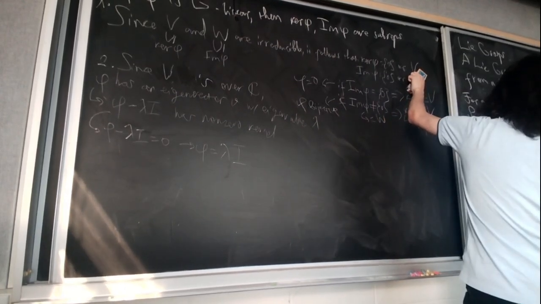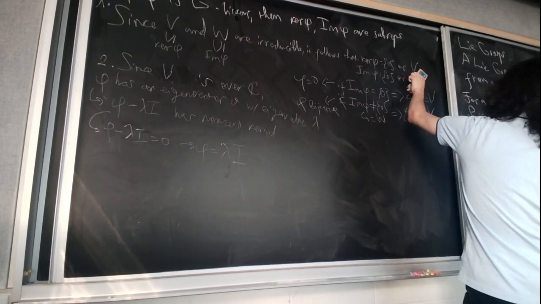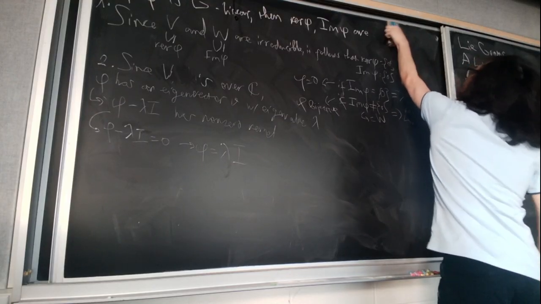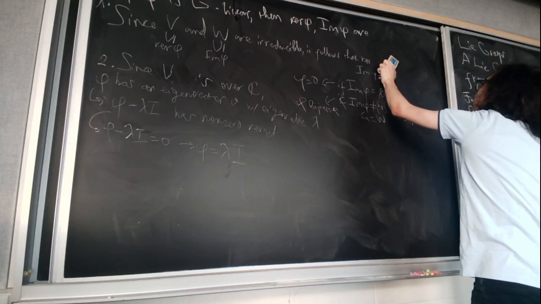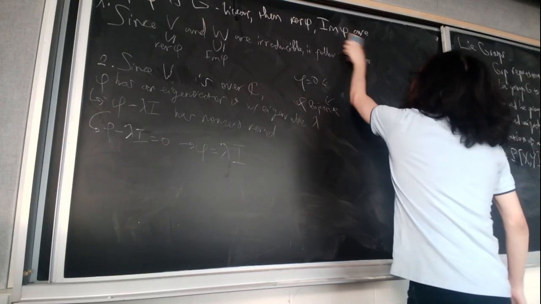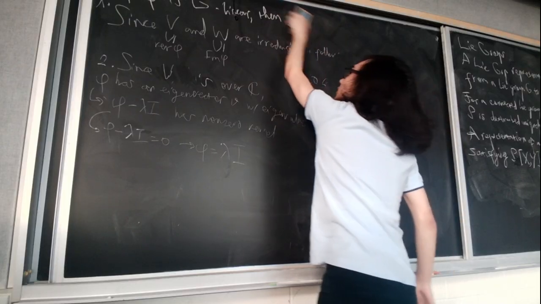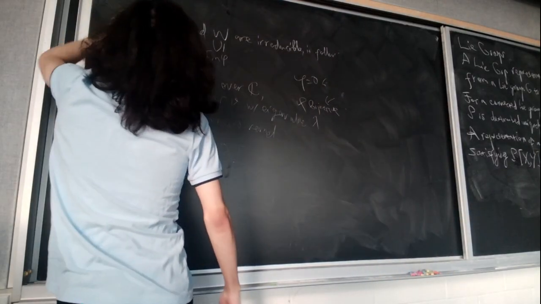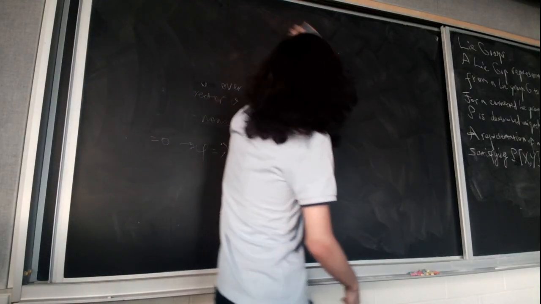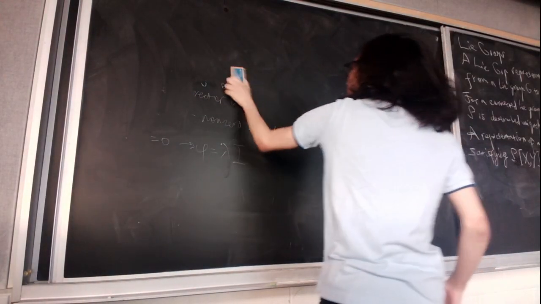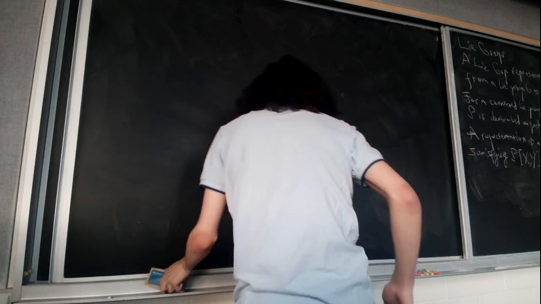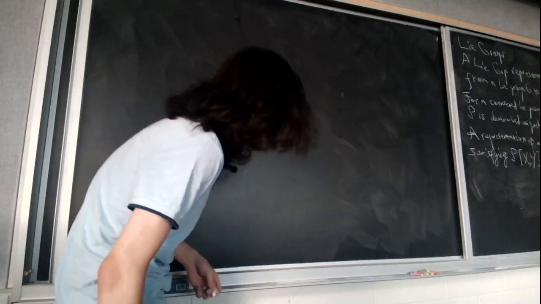I could do a little recap of what the exponential map does. Why do we want to look at the representations of Lie algebras? If you remember, last time we were talking about the exponential map.